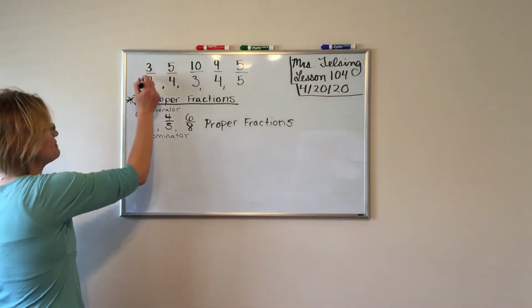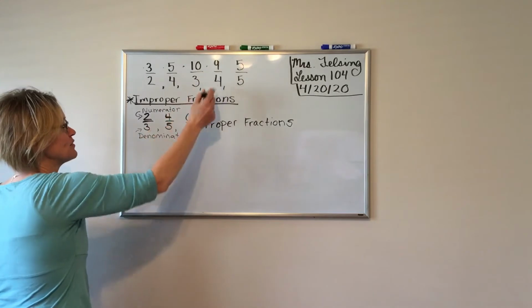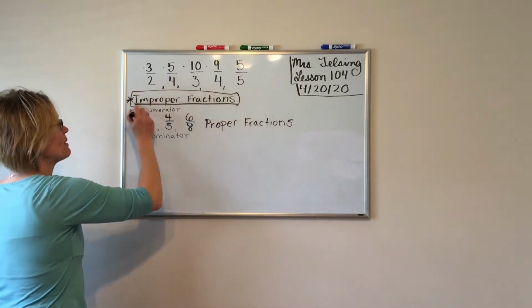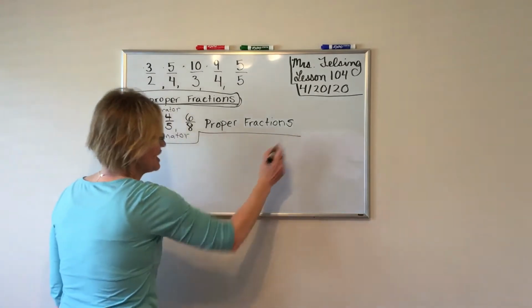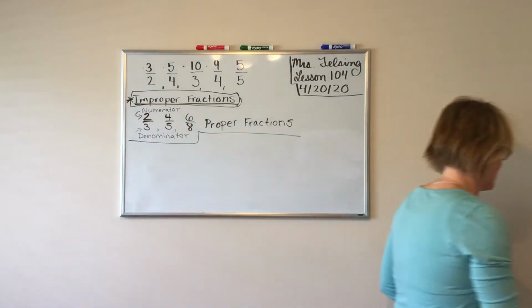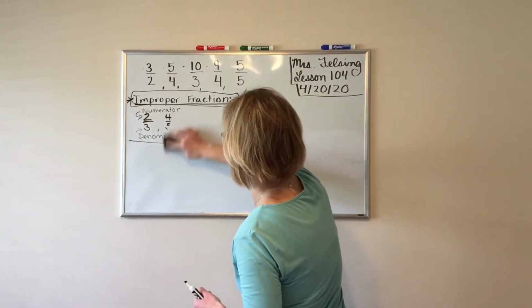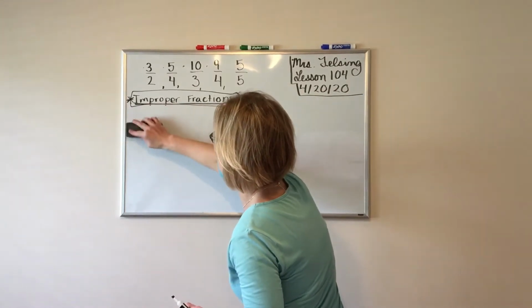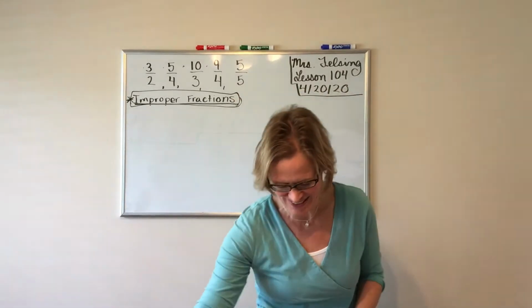See how this is bigger, this is bigger, and this is equal. And these are improper fractions. So what we're going to do is change these improper fractions to make them whole numbers or mixed numbers. So you're probably like, what is she even talking about? Well, I am going to show you. So let's take a look.